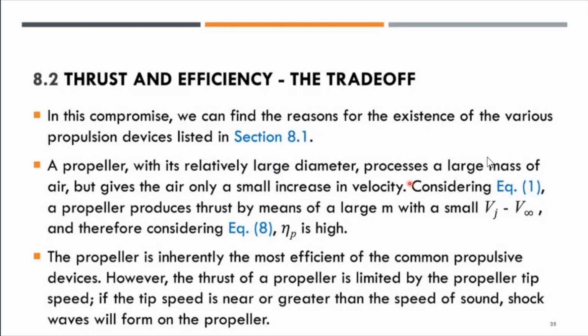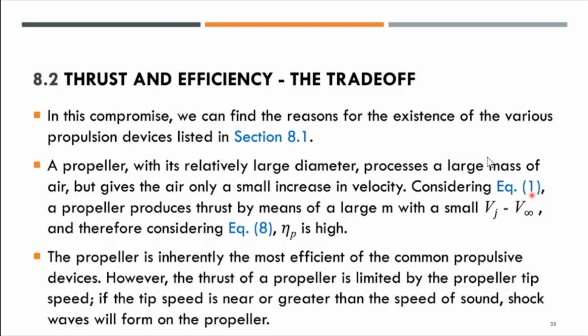In this compromise, we can find the reasons for the existence of the various propulsion devices listed earlier, which we have four of just now: the propeller, turbojet, turbofan, as well as the turboprop. A propeller, with its relatively large diameter, processes a large mass of air but gives the air only a small increase in velocity.